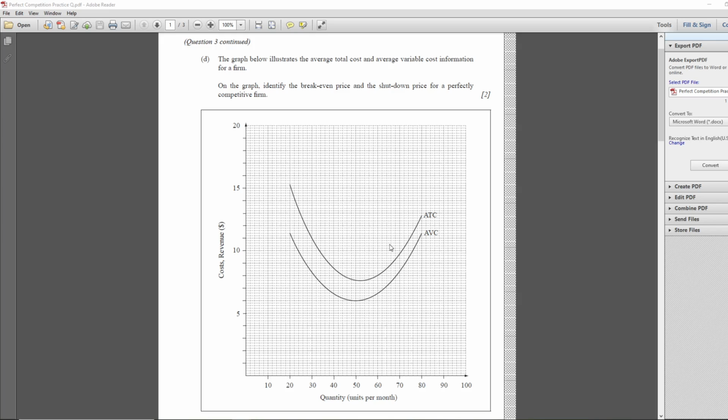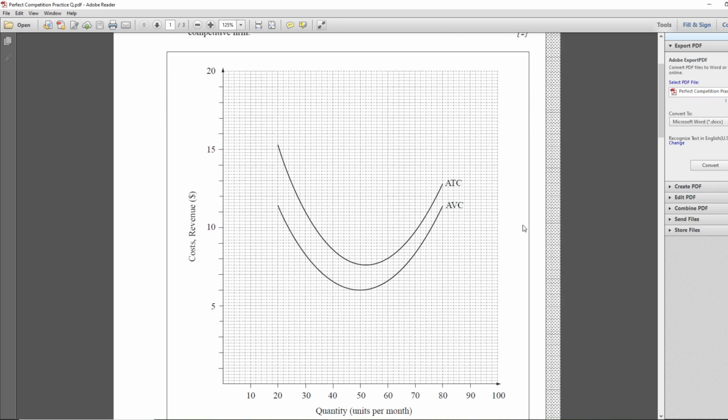Where is it? Oh, minimum of ATC. Okay, right, minimum of ATC.